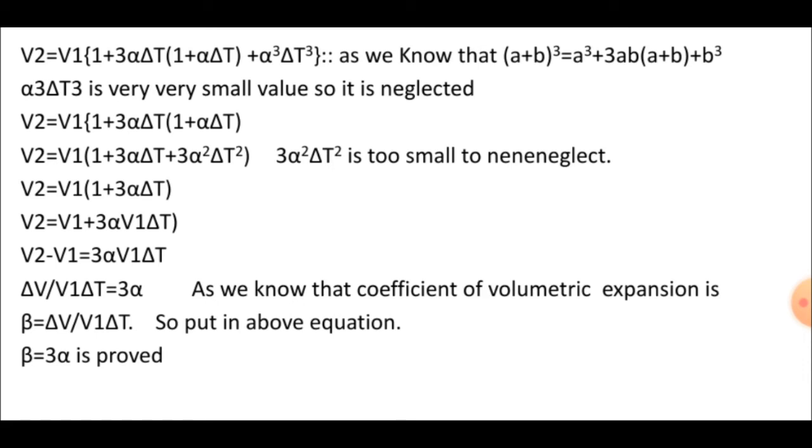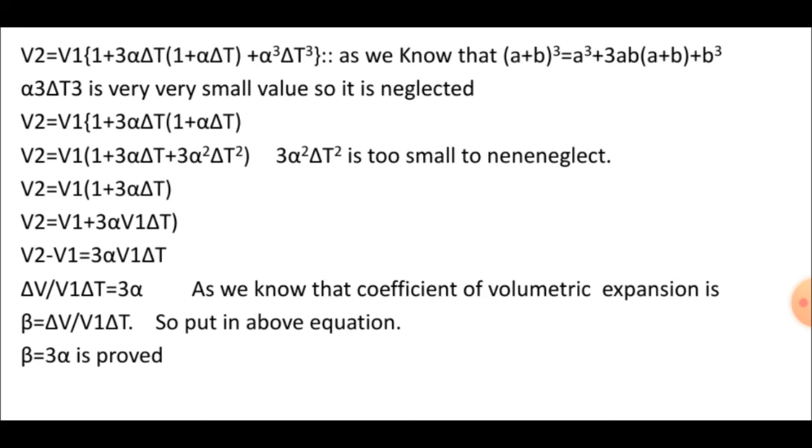V1 is taken to the left hand side. V2 minus V1 is equal to 3 alpha V1 delta T. Now as we know that V2 minus V1 is equal to delta V, so delta V upon V1 delta T is equal to 3 alpha.